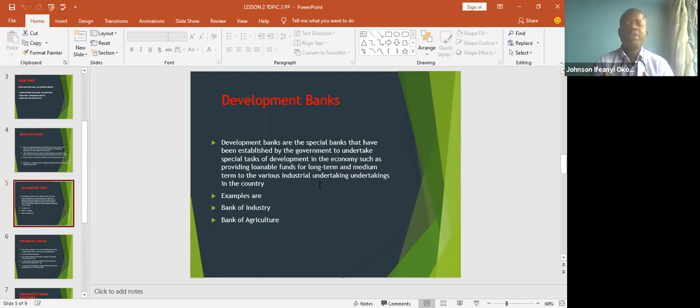Examples are the Bank of Agriculture and the Bank of Industry. The Bank of Agriculture services the agricultural sector, a key sector in the Nigerian economy. We also have the Bank of Industry, which takes care of medium and long-term loanable funds for the industrial sectors of the economy.